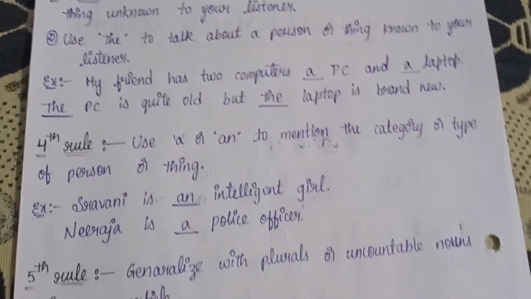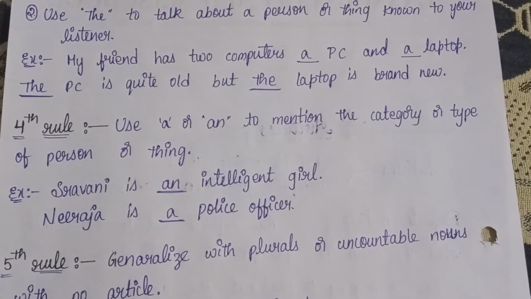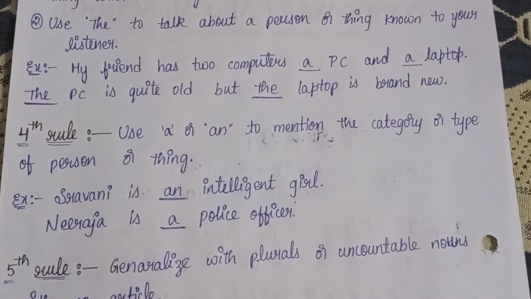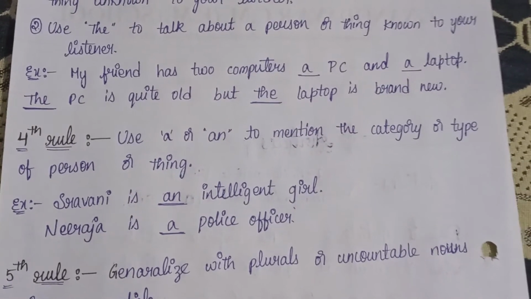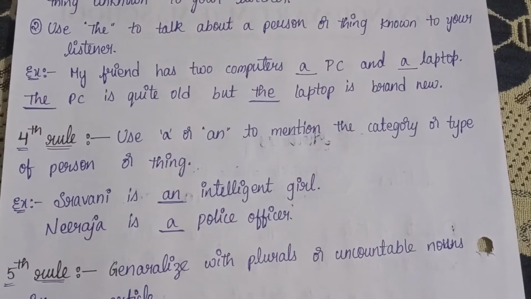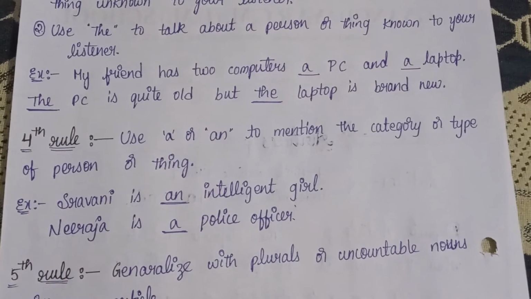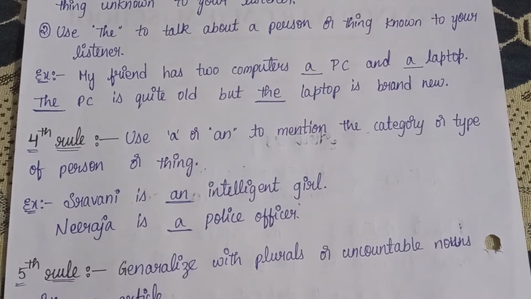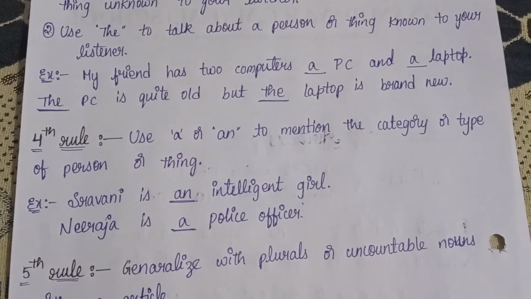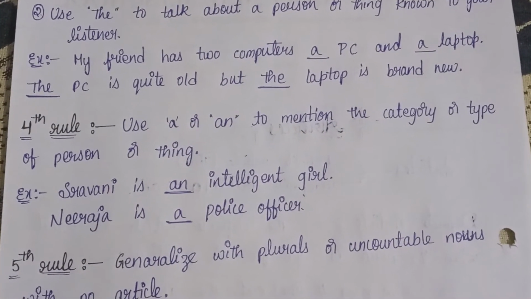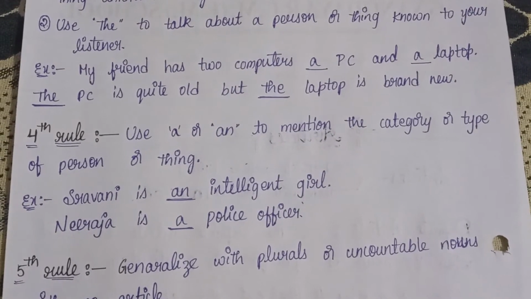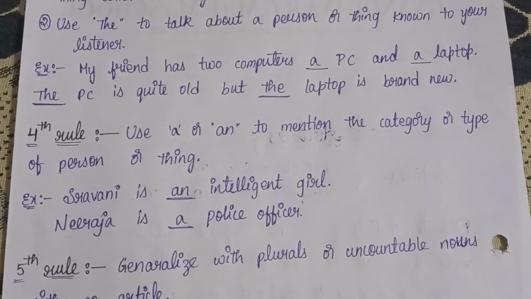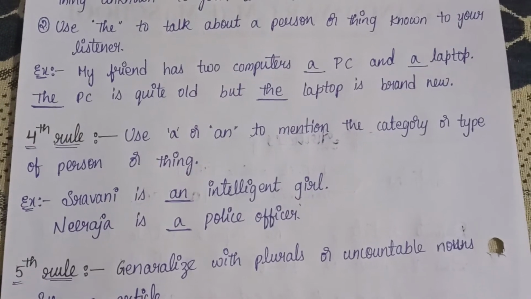And the next rule is use a or an to mention the category or type of person or thing. So when you are talking about a person's category or what type of person or thing it is, to mention that we should use a or an. For example, Shravani is an intelligent girl. Here we are saying how she is.